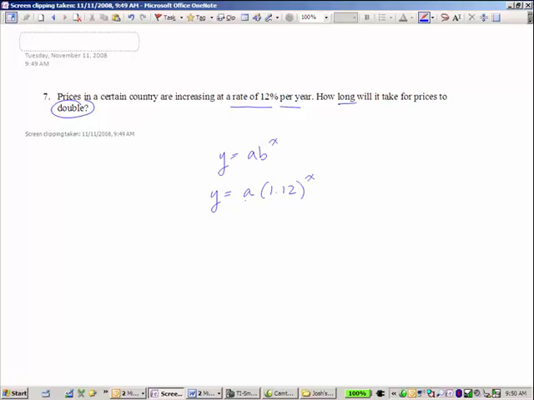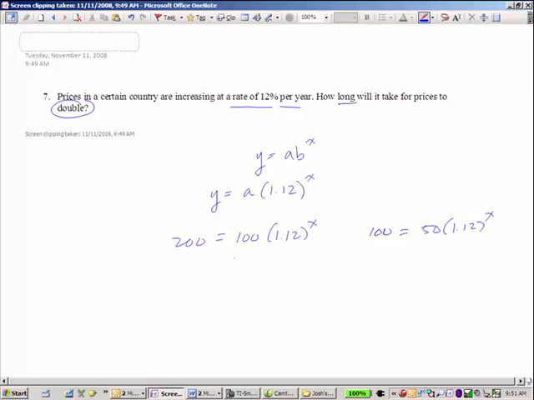Suppose you wanted to say it starts at 100. How much would double that be? Suppose someone else says, no, it didn't start at 100. It started at 50. How much would double that be? Let's do both problems. The first step you do on each problem, so you get 2 equals 1.12 to the x.